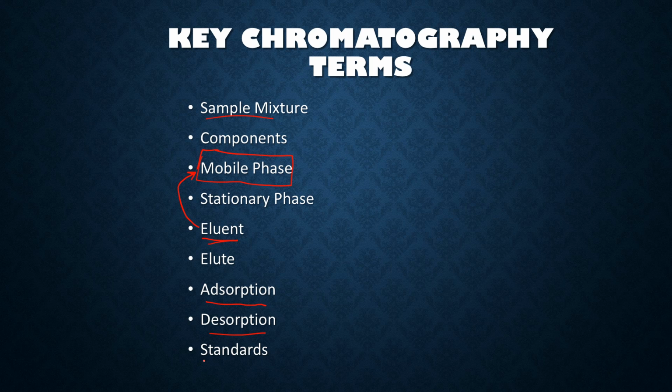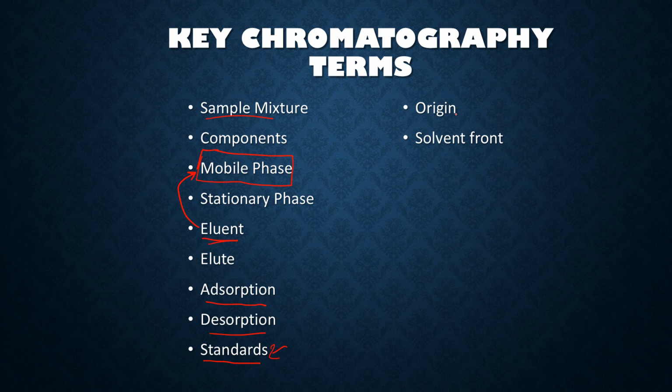Another thing you need to know about are standards, and standards are where you actually know what the components are within a sample. So you'll often have your sample mixture, which is unknown, and then you might have a mixture of components which are actually known, and they are called your standards, and you compare your standards with your unknown sample mixture in order to identify the components within a sample mixture.